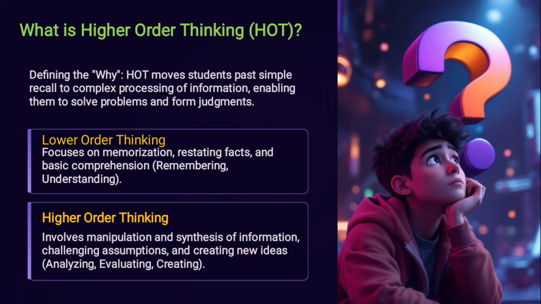The focus of low order thinking is on memorization, restating facts, and basic comprehension, remembering and understanding, etc. While higher order thinking involves manipulation and synthesis of information, challenging assumptions, and creating new ideas through analyzing, evaluating, designing, and creating.